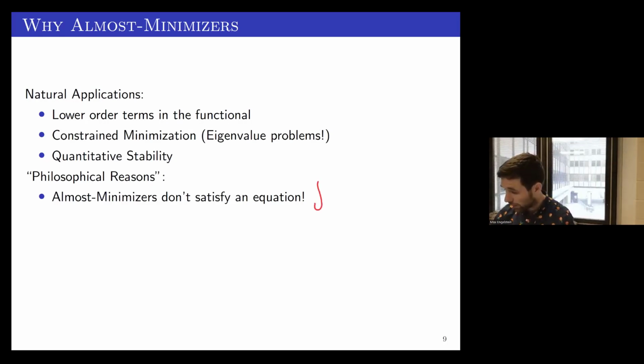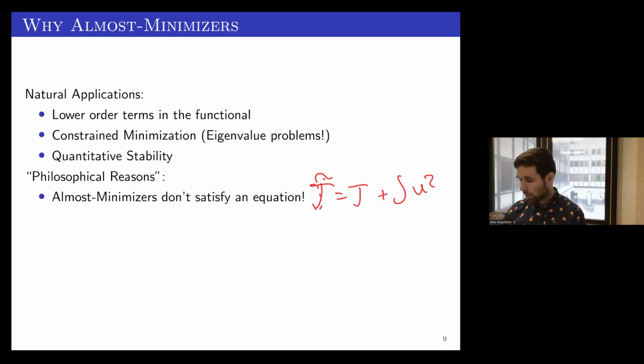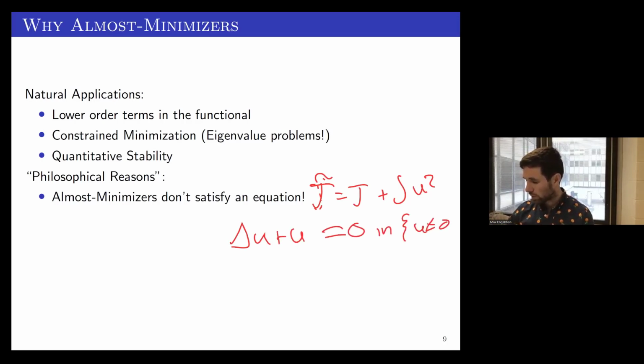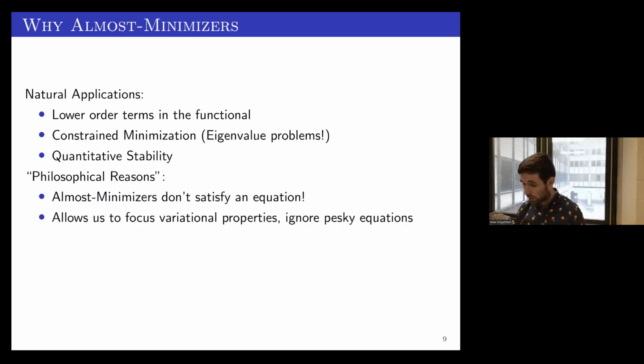On the previous page, when we looked at J tilde, which was equal to J plus this extra term, u squared, the PDE is now going to be something like Laplacian u plus u equals 0 when u is not positive, right? So the nature of the Euler-Lagrange equations can change when you look at almost minimizers.